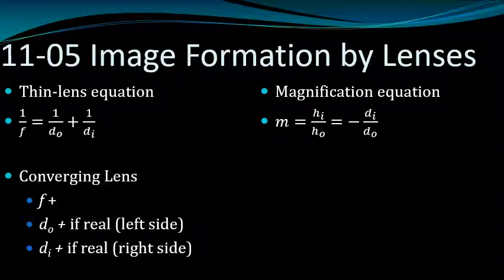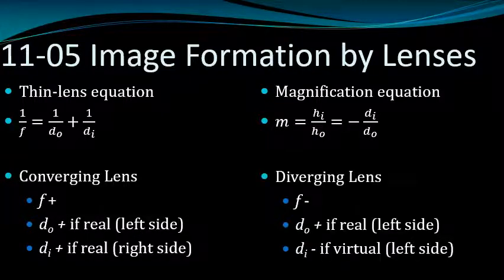Magnification is our image height over our object height, which equals our negative image distance over object distance. For diverging lenses, for both of these, our focal length is negative. And if something is virtual, such as a virtual image, the image distance would be negative.